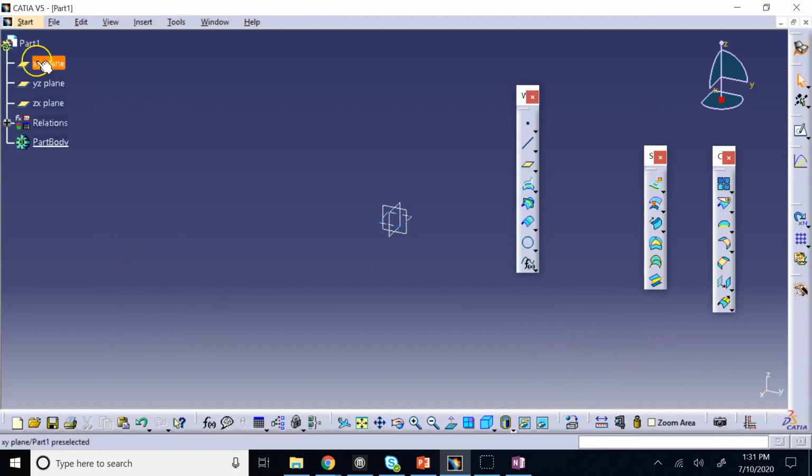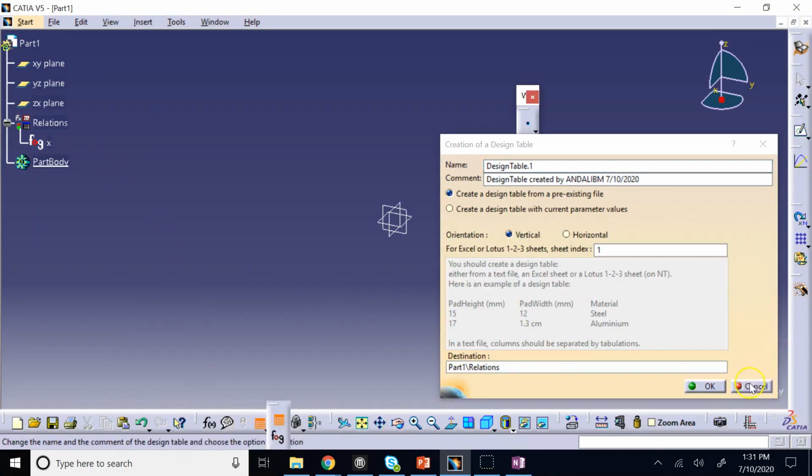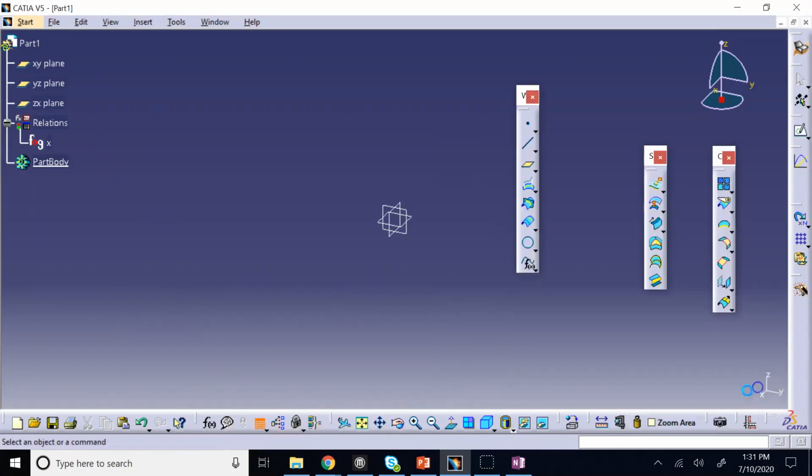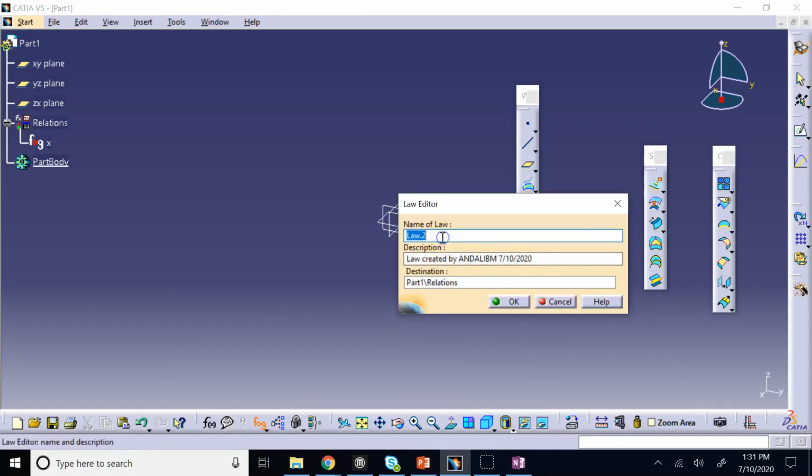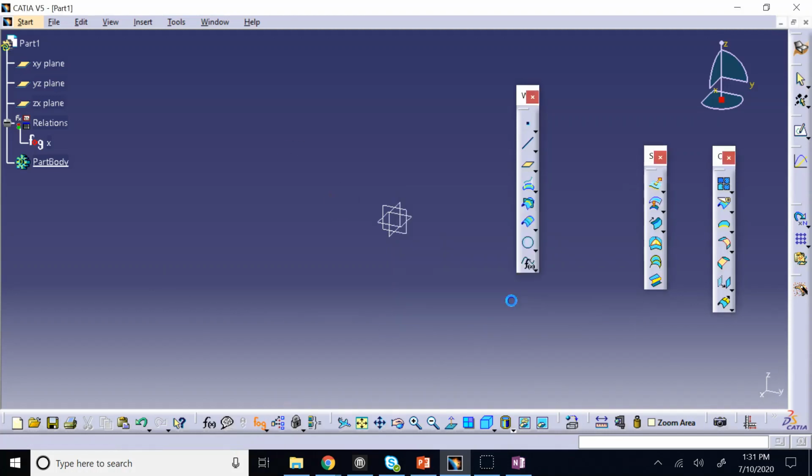So now if you go under the tree and you activated the relations tab, now you can see this first function created called x. Then you can repeat that and create the function y. So here I call this y.